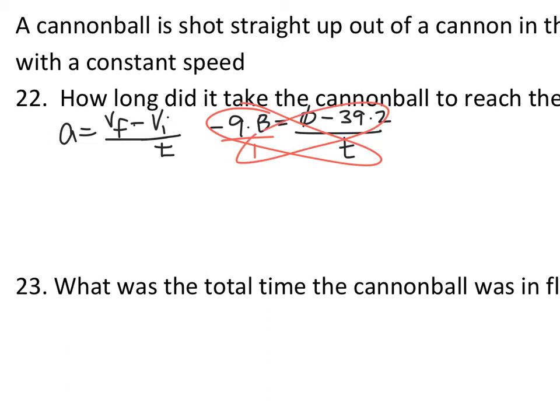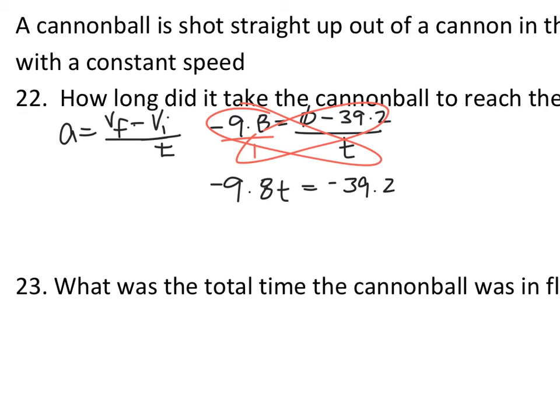So a negative 9.8 times t gives me negative 9.8 t equals. And when I cross, 1 times 0 minus 39.2, well, 0 minus 39.2 is a negative 39.2. So 1 times a negative 39.2 is simply a negative 39.2.